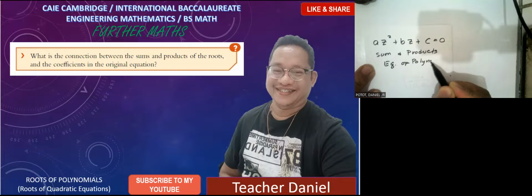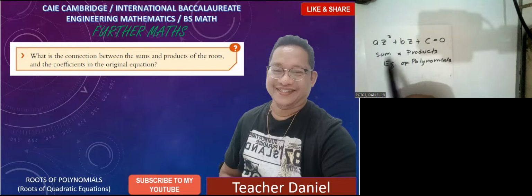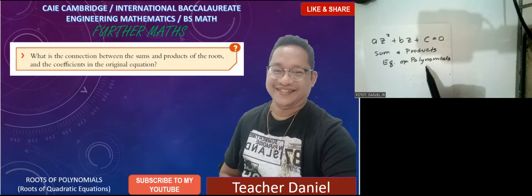If you see the question and you know the sum and the products, then you would be able to give the equation of the polynomial, or vice versa. If you know the equation of the polynomial, even if you don't solve for the roots, you will be able to give the sum and the products of the roots.